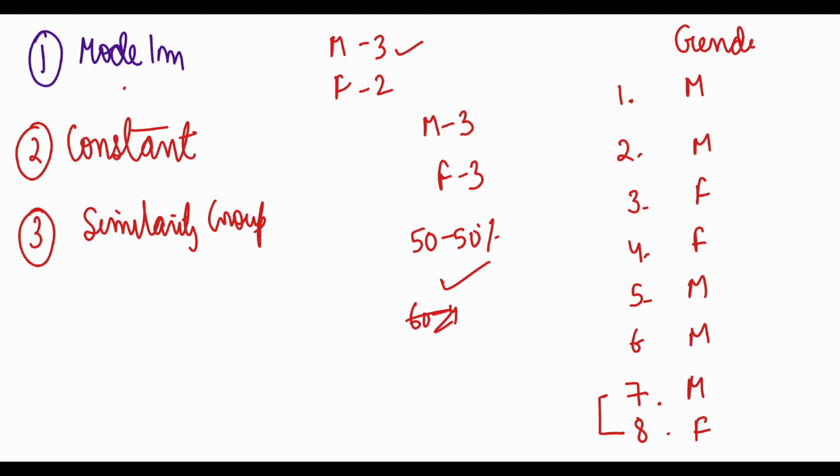Let's say, for example, initially we had male, then we had male, and then we had female, then male, then female. Now let us say you have next thing as male, and you want to impute this thing.